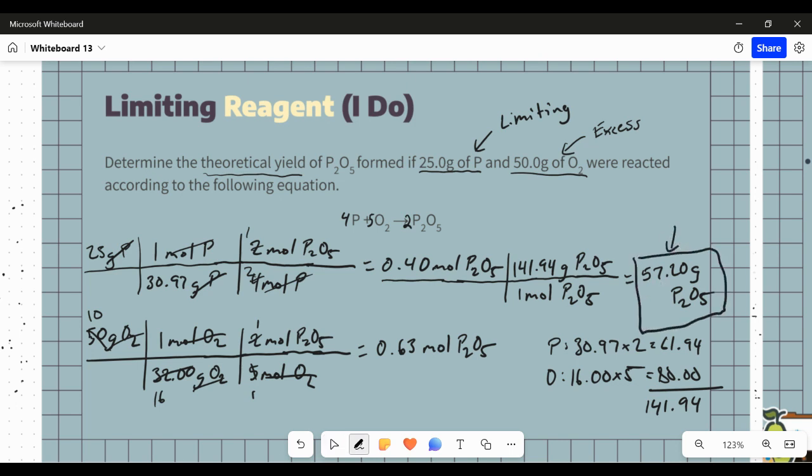This amount is what's called my theoretical yield. Theoretical yield just means the most that you can produce from these two reactants in these amounts if everything goes perfectly. So my limiting reagent is what determines how much I can make. For this question, the answer is theoretical yield is 57.20 grams of P2O5.